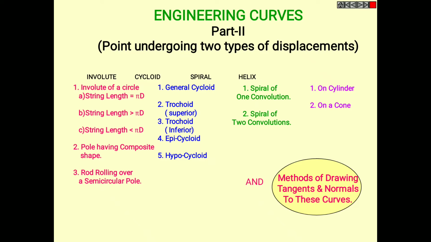The second method is pole having composite shape. Pole having composite shape means it may be either triangle, square, rectangle, hexagon, pentagon, etc. The third one is a rod rolling over a semicircular pole.